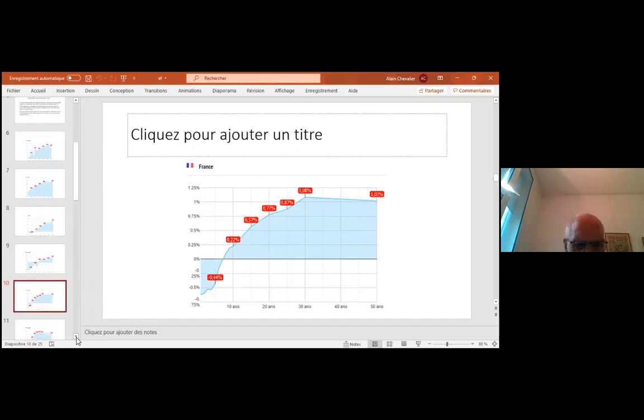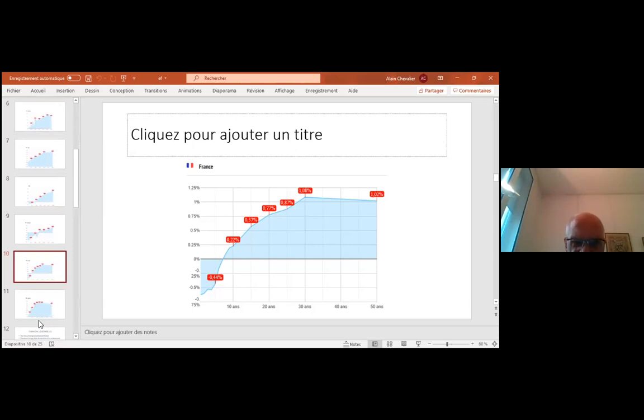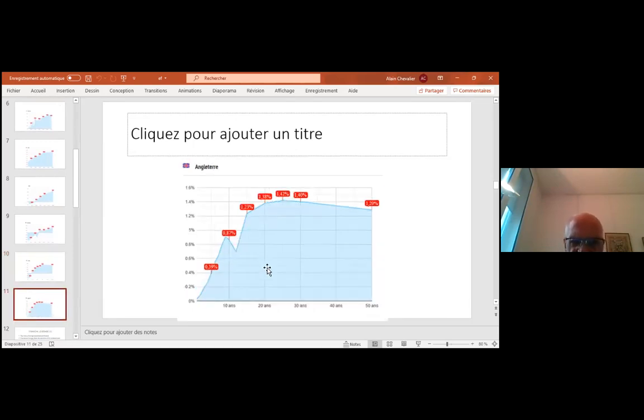Then let's move, after the French one, to the British one, and this is Britain. And the British one is always positive. There is no negative interest rate on the British market and on the pound, even if it is very low for the short-term maturities, but it goes up very quickly afterwards, and is completely stabilized after 20 years or even after 15 years.